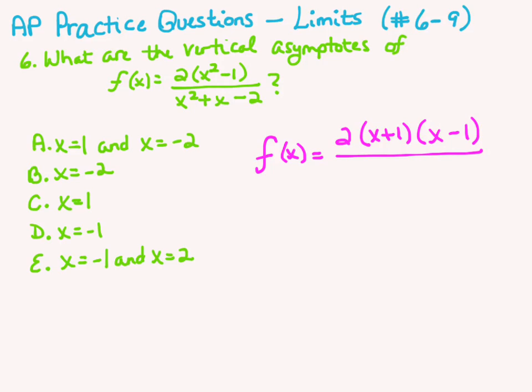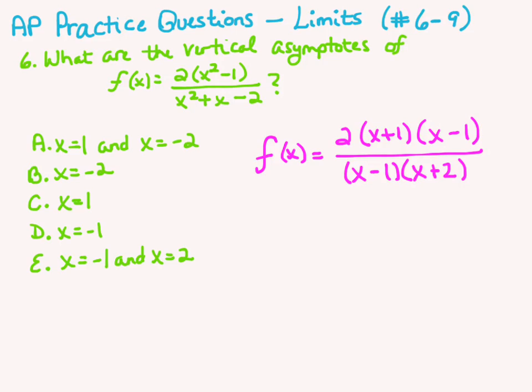Then in the denominator, x squared plus x minus 2, well, that's going to be x and x. To get 2, we multiply 1 times 2. And to get that positive x in the middle, I need a positive 2 and a negative 1.